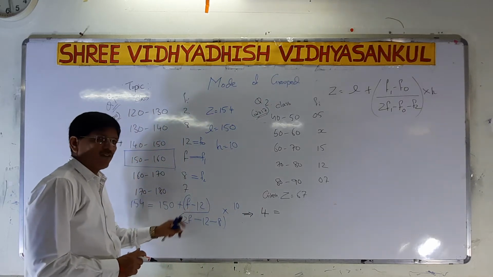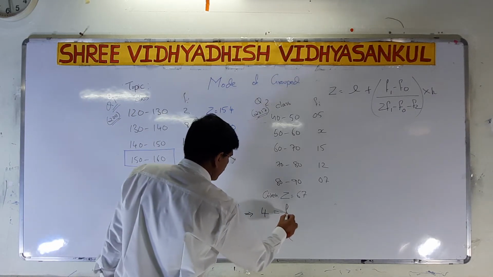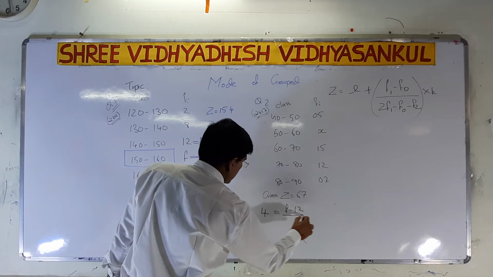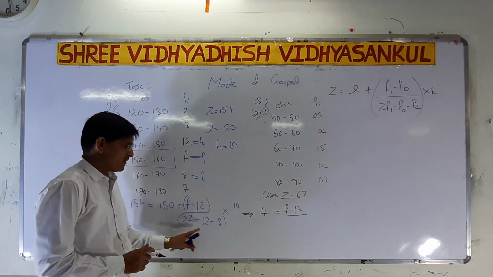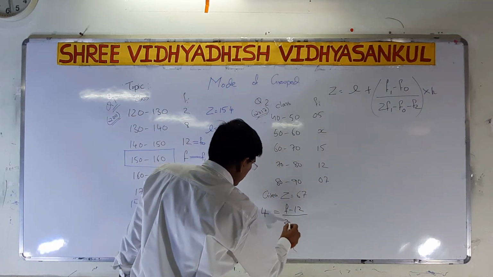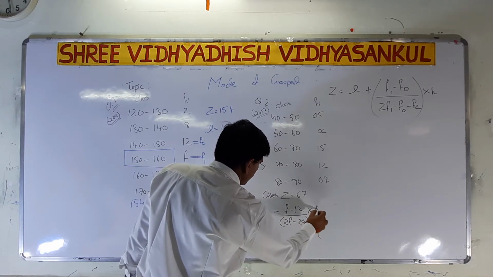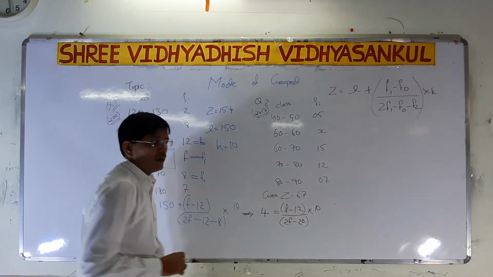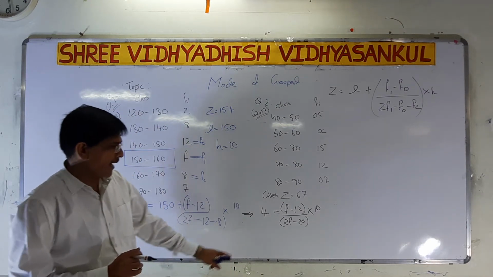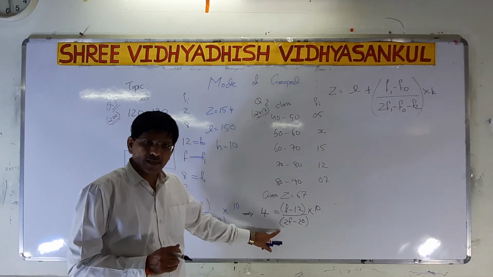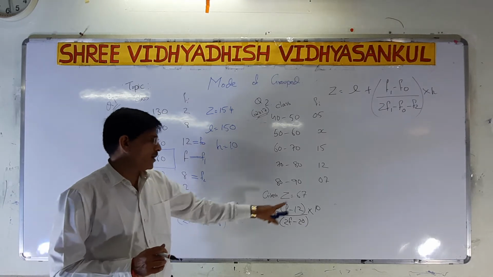Now here, 4 equals (F minus 12) divided by (twice F minus 20), into 10. We can do this in two different ways: either make a common 2, or just multiply by 2 and open the bracket.